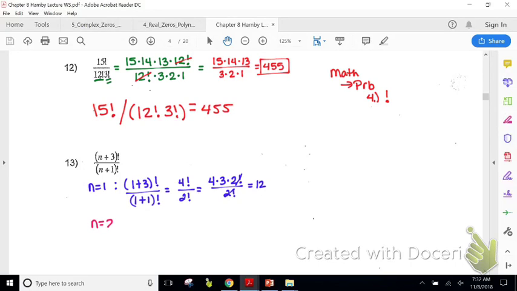To find the second term, so n is 2, just plug in 2. Parentheses first. Work it out.